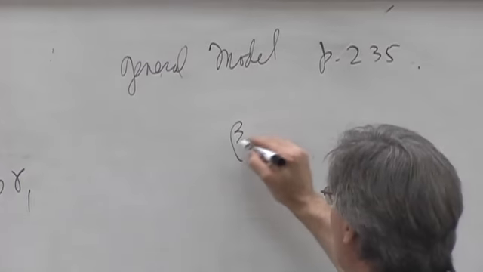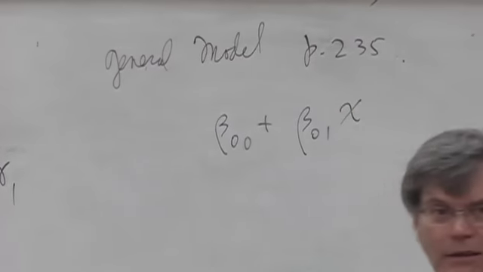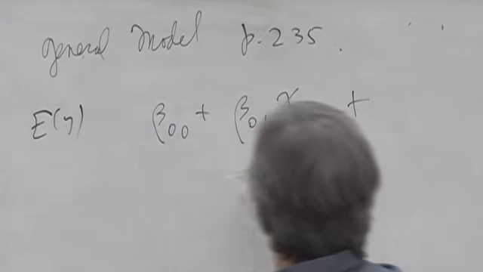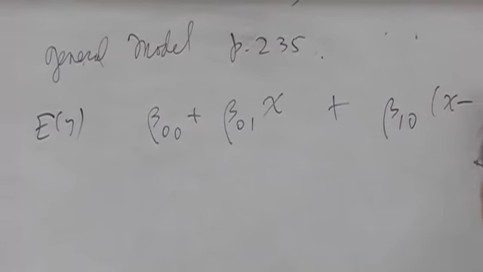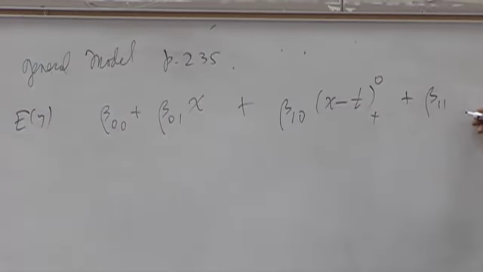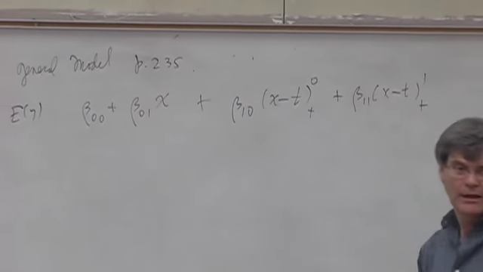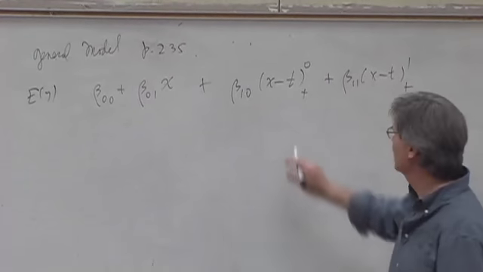We talked about beta 0,0 plus beta 0,1 x, plus beta 1,0 (x minus the knot t) plus to the 0 power, plus beta 1,1 (x minus t) plus to the 1. Okay? That's a general linear function first, and then another linear function where you're changing the intercept.